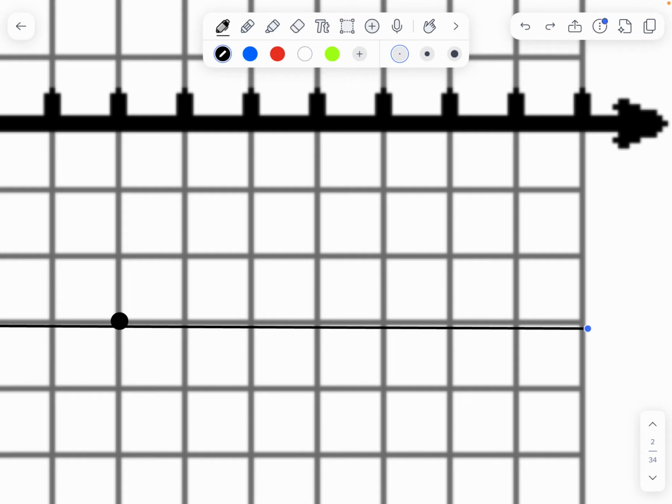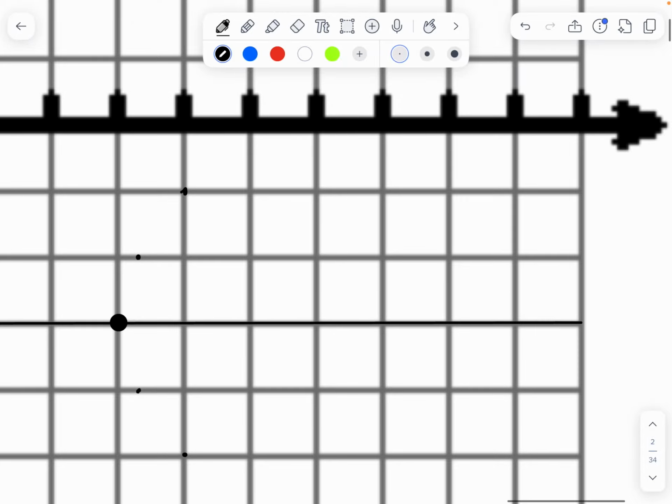Okay, and now for 1a, 3a, 5a. So this is going to be 1/3, 1, and what is 5 over 3 equal? 1.66 repeating. Right around here.